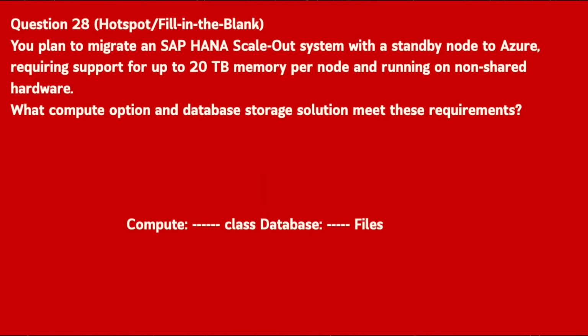Now, this is a different type of question wherein you need to fill in the blanks. You plan to migrate an SAP HANA scale-out system with standby node to Azure, requiring support for up to 20 TB memory per node and running on non-shared hardware. What compute options and database storage solution meet these requirements? Compute class and database files.